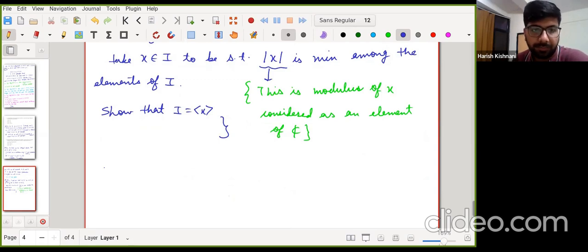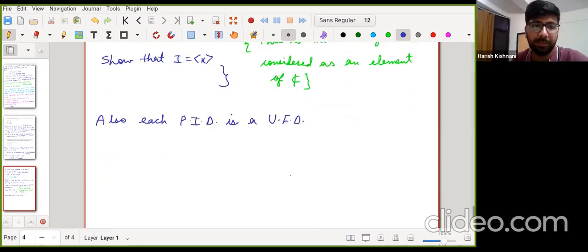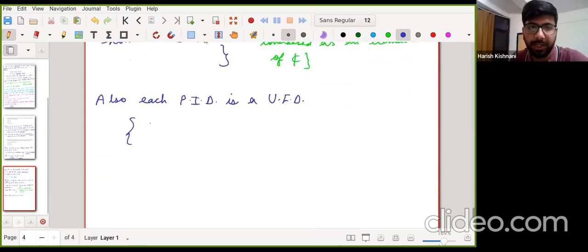So also each PID is a UFD. And for that also, it's a two-step process. So PID implies Noetherian ring.